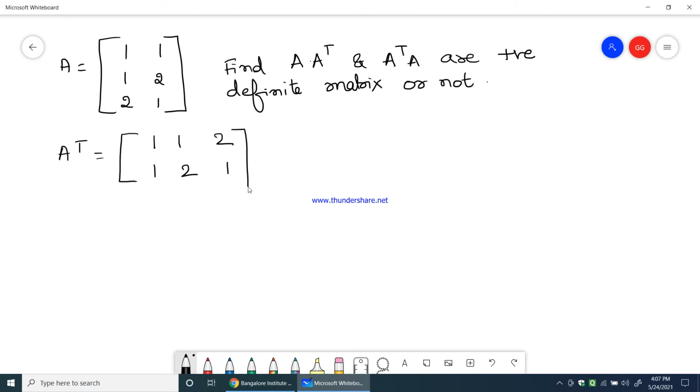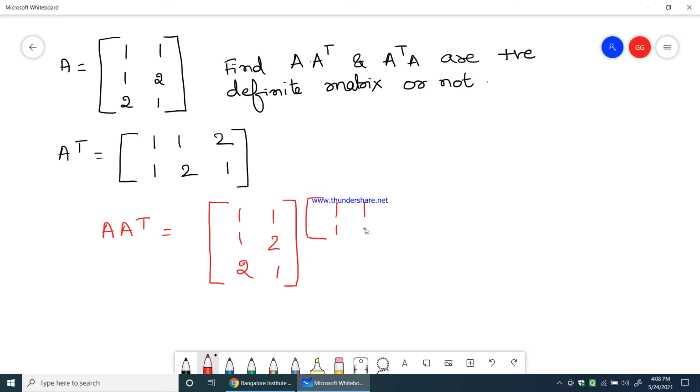Now we will multiply this A with A transpose and see what we get. So it is [1, 1; 1, 2; 2, 1] multiplied by [1, 1, 2; 1, 2, 1].